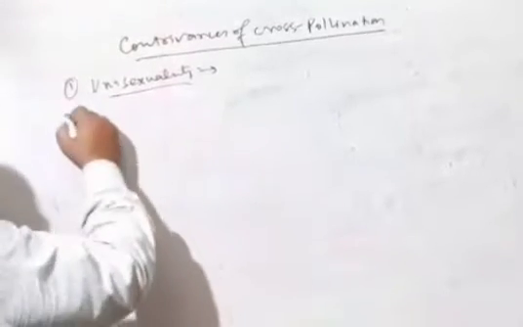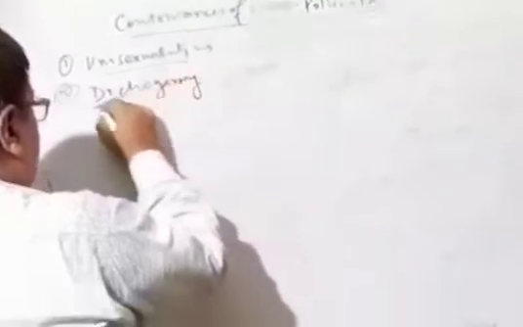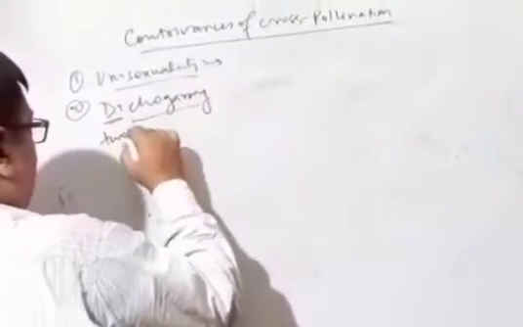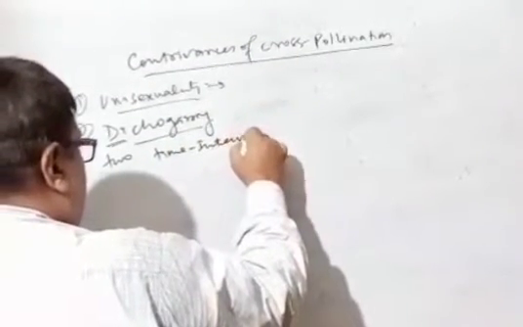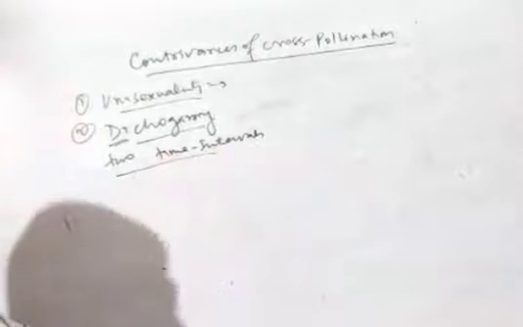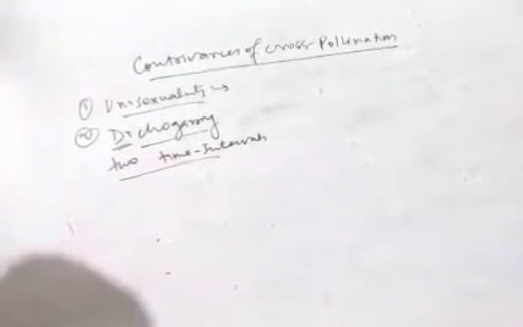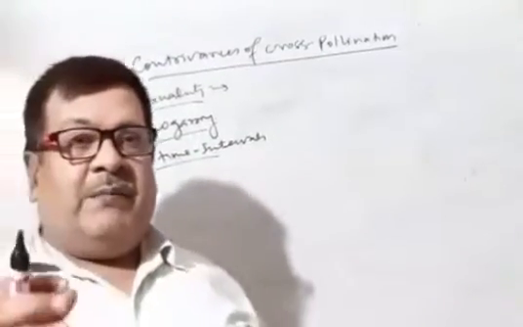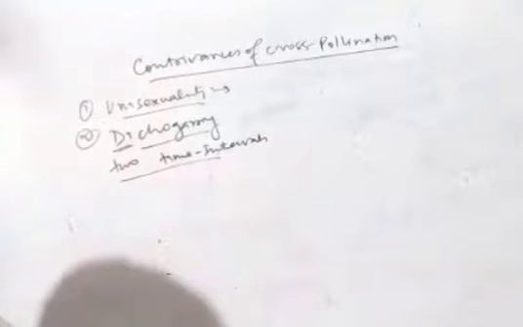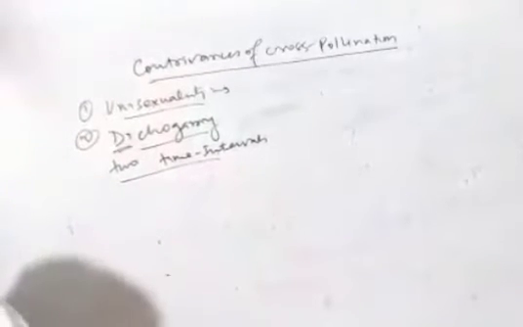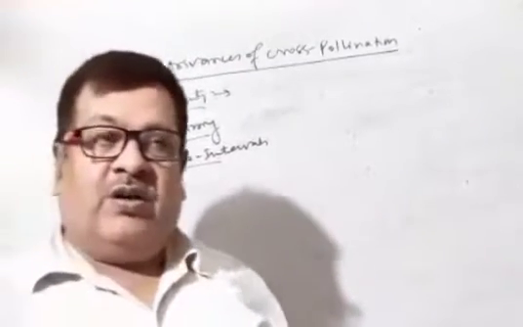Next is dichogamy. Di means two. Dichogamy means two time intervals of maturation of gametes. If the male gamete matures first in the same flower before maturation of the female, then self-pollination is not possible. And if the female gamete matures first, then also self-pollination is not possible.